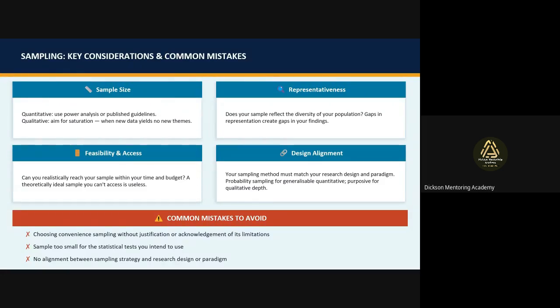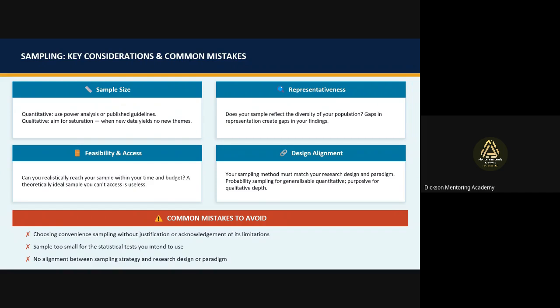Is it feasible for you to access them within the time frame of your work? So if you cannot access them, then it is useless for you to say that that will be your sampling method.